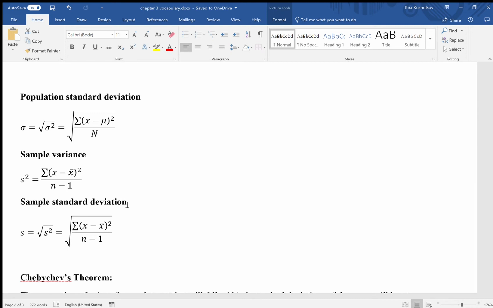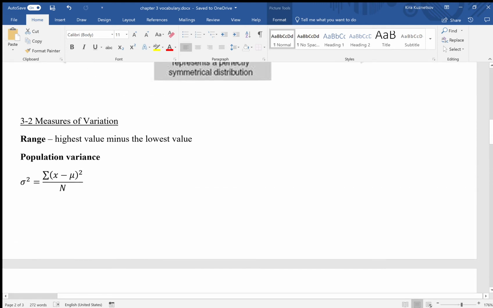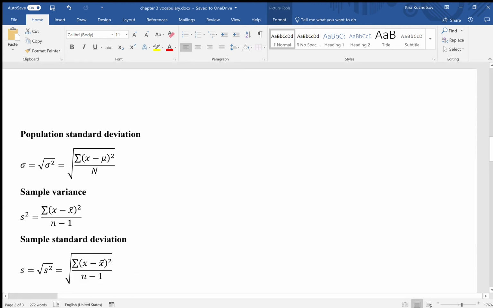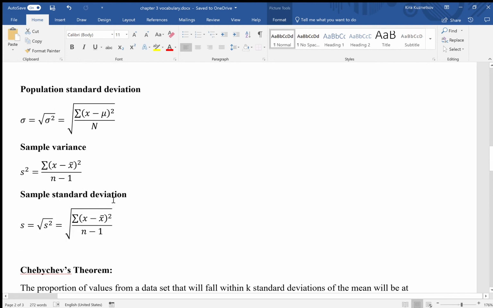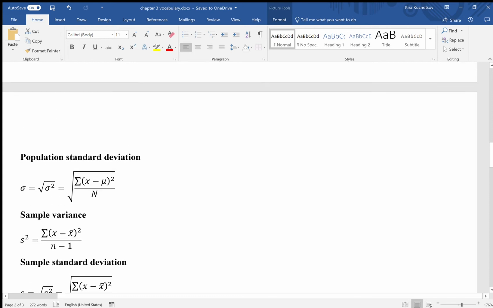So if you know that you have a bell shape, if you know that you have a normal distribution, and this is what we're going to concentrate on this semester. If you know that you have a normal distribution, this standard deviation, the formula, will actually tell you a lot of things. So before getting into how to use the standard deviation, 3-2 explains how to calculate it.